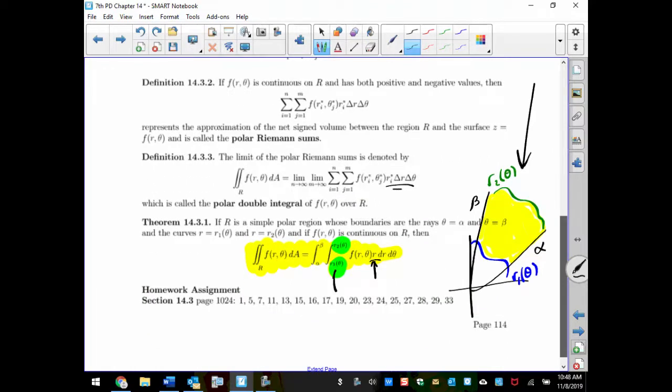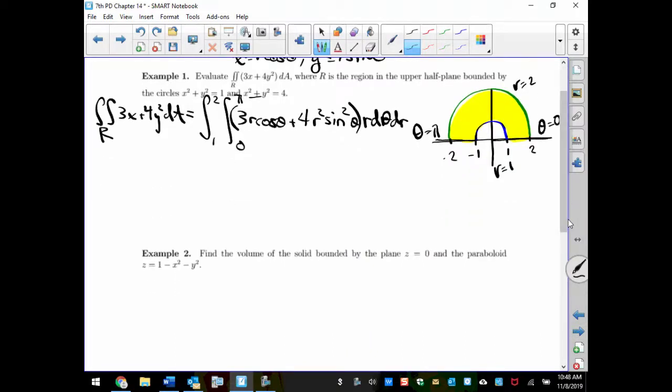If you had a function like r of theta, you'd have to integrate that one first, since the theta integral would be involved in the first integral. So the order would matter in that case, but in this case, you can integrate with respect to either variable first, theta or r.